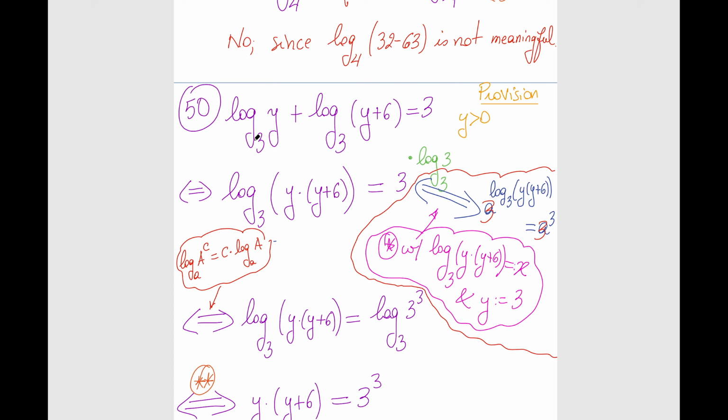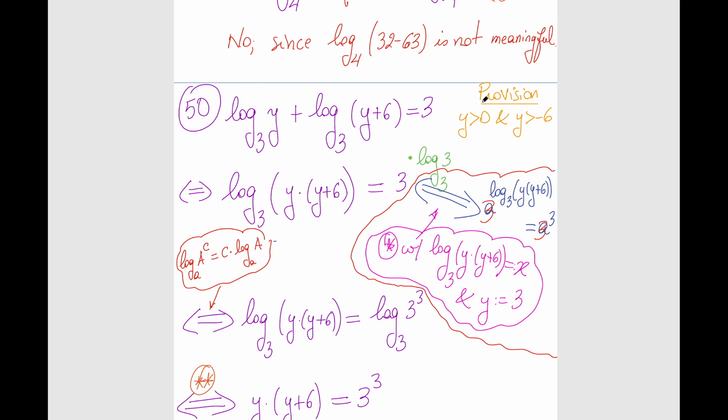Remember, log base a doesn't operate on non-positive numbers. So y must be positive, and y plus 6 should also be positive for the second entity to make sense. And when is y plus 6 positive? This is when y is bigger than negative 6.